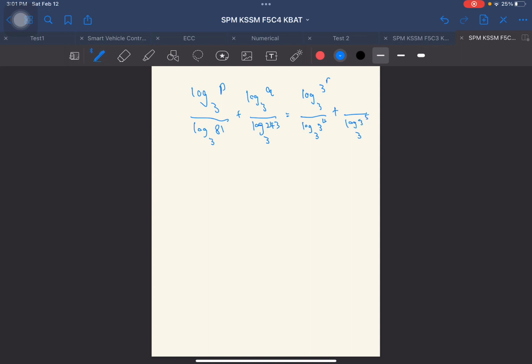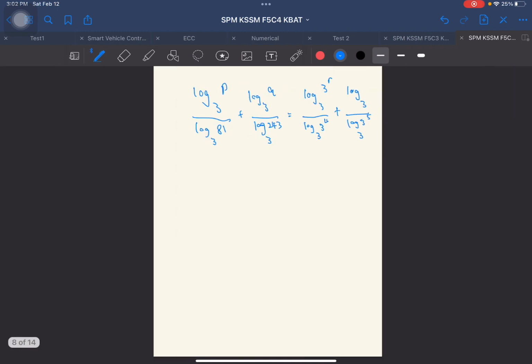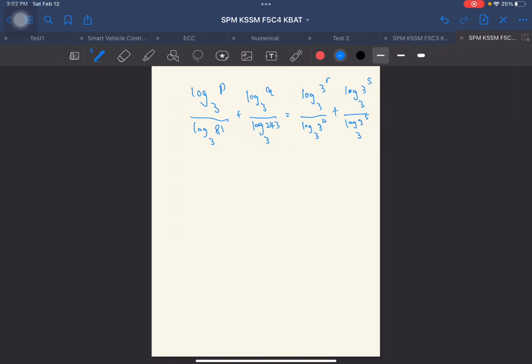Power 5, okay, log 3, this q is 3 power s, so equals to this r you can take it down, 4 you can take it down, so s you can take it down, and then you know log 3 base 3 is 1, so this is r over 4 plus s over 5, take it down, 5. So you are done. Easy, right?